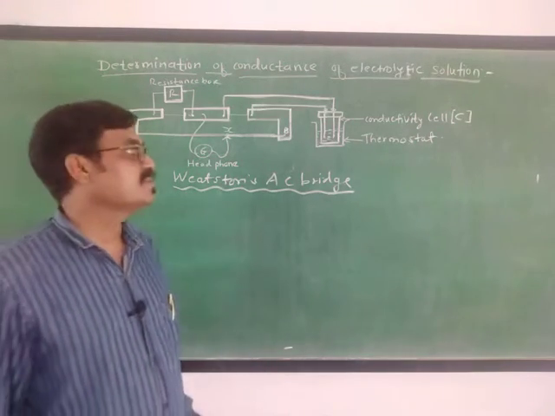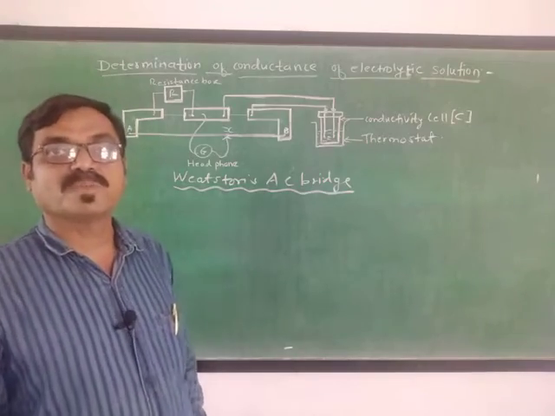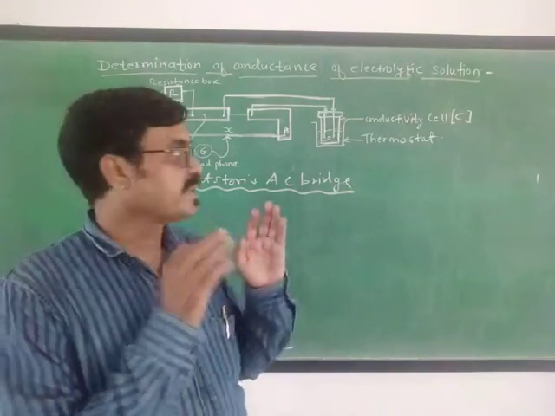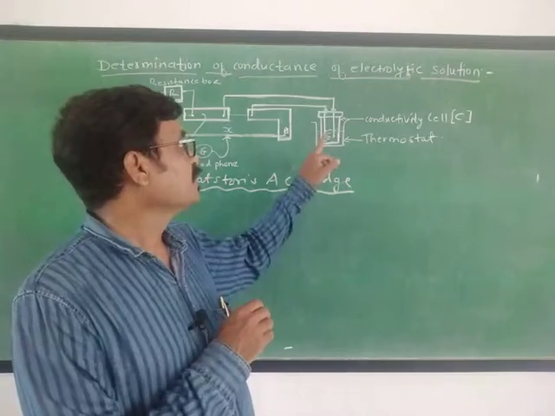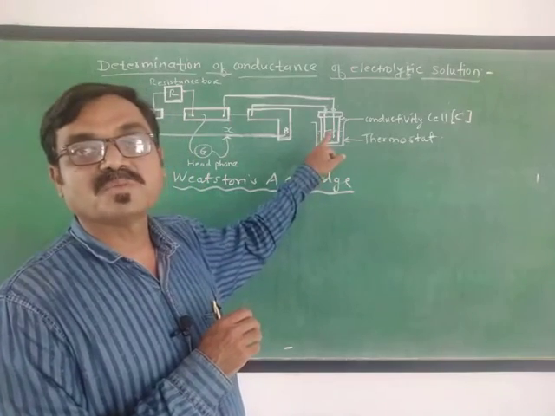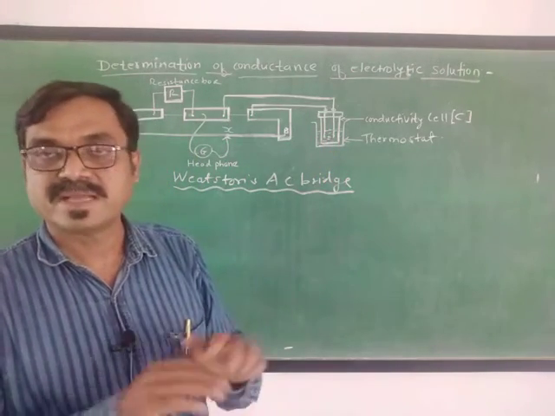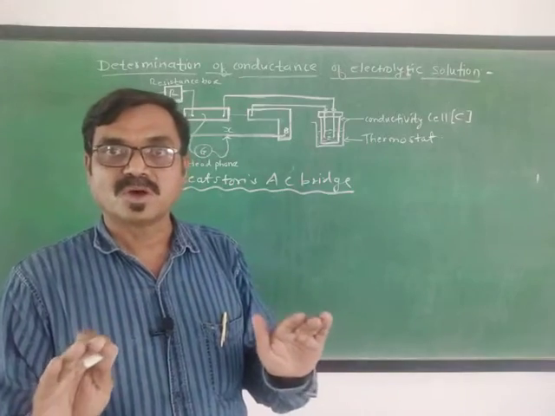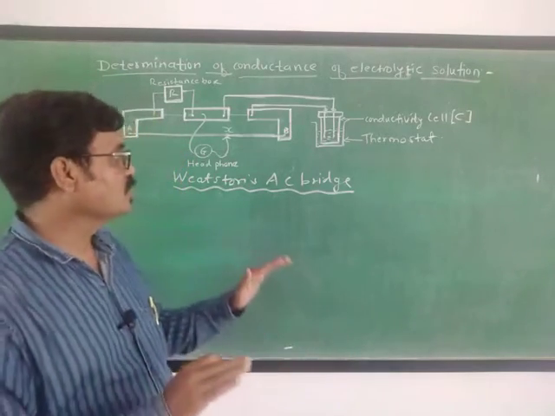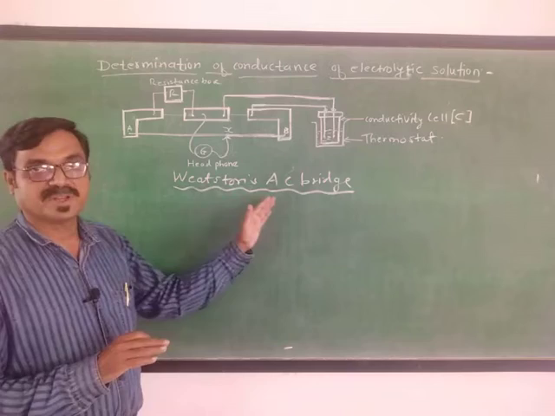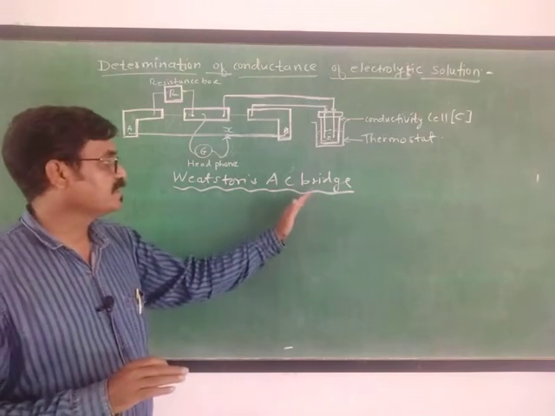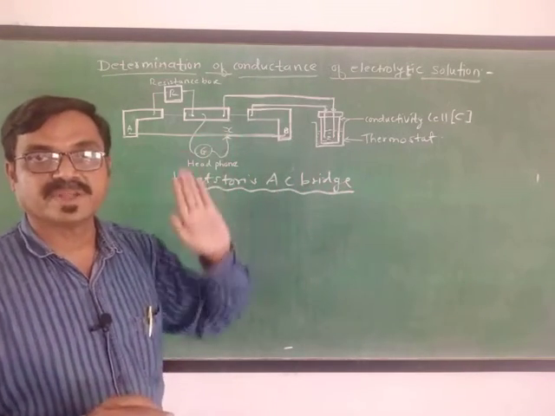And the second reason DC cannot be used is that due to direct current, polarization of the electrode takes place. That's why DC current is not used. Hence we are going to use the Wheatstone's AC bridge, alternating current bridge.